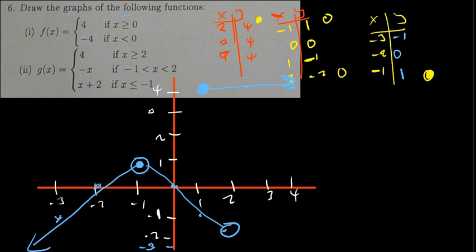Because at that point it's supposed to be open, even here open, because that is the same as negative 1 not included to 2 not included. That's why I said if I do this, it's the same as I just do this. So this one you can now sketch. You can sketch this one.